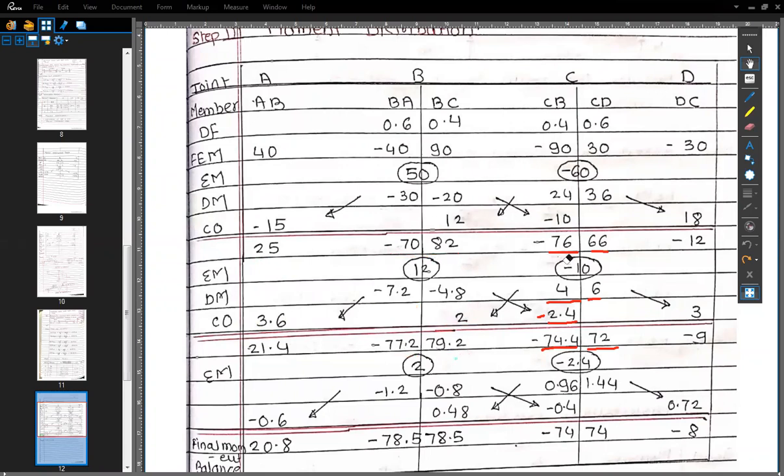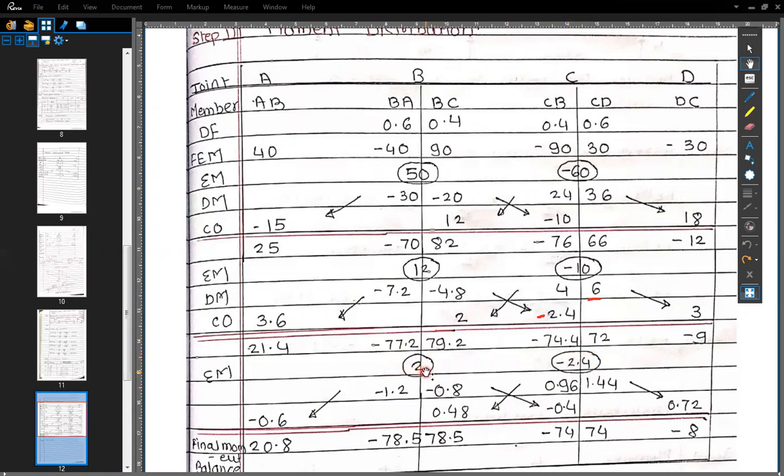We are going to balance these movements. Okay, minus 77.2 plus 79.2, that is 2 kilonewton meter is unbalanced movement here for joint B, and minus 74.4 plus 72, that is minus 2.4 is the unbalanced movement for joint C.